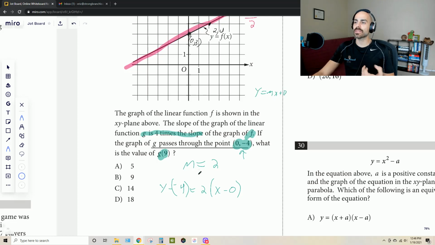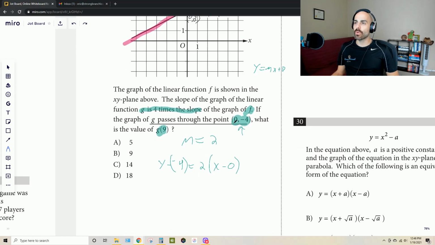But you can't get there until you do this step first in a situation when they give you the point and the slope. And here we can rewrite this now as y plus 4 equals 2x minus 0. So that's the same. And this becomes y equals 2x minus 4.